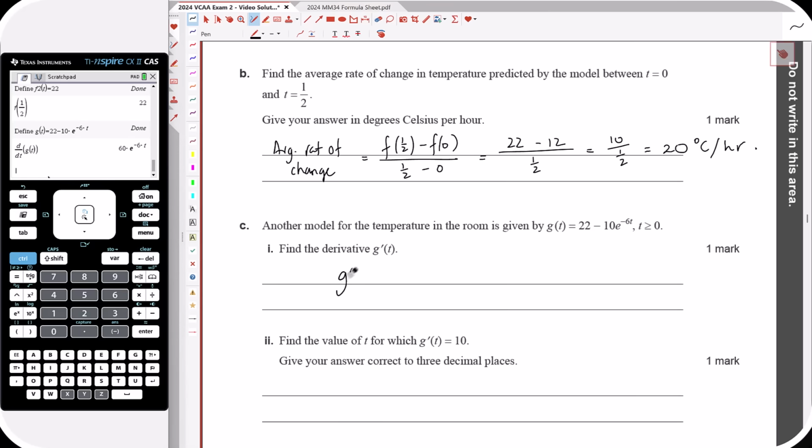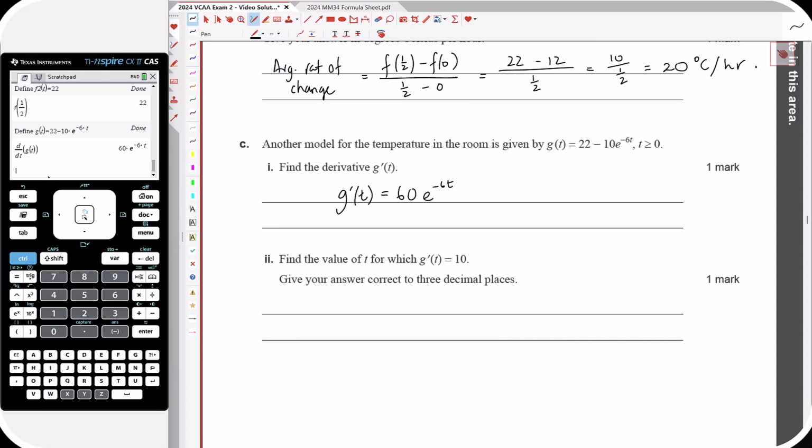So G dash t is 60 e to the negative 6t. Find the value of t for which G dash t equals 10. So we're going to solve that equal to 10 for t. Again, it's a 1-mark question.